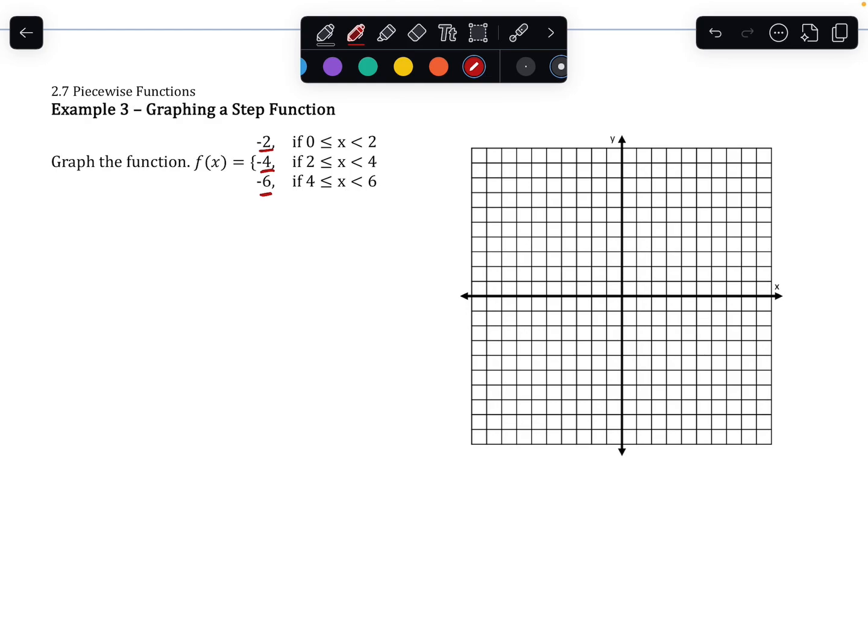What are going to be our x's that fall into that range? Well, -2 can go from 0 to 2. So -2. Now the 0 is the equal sign, so we have solid. Our 2 is not equal, so we go to open for 2.